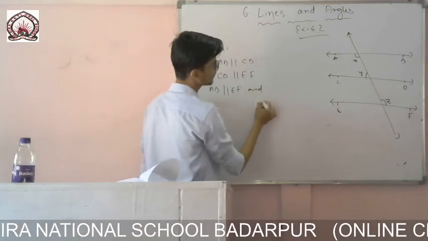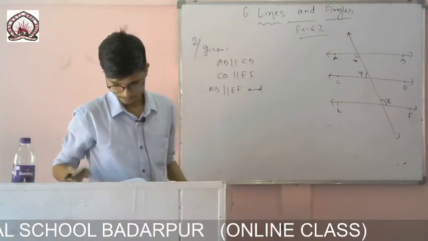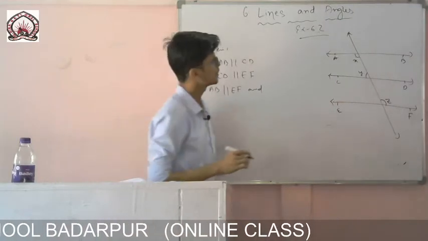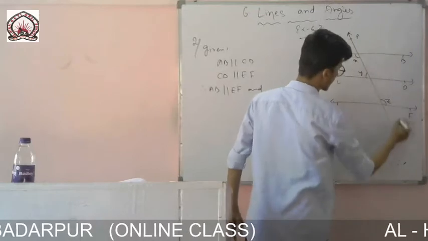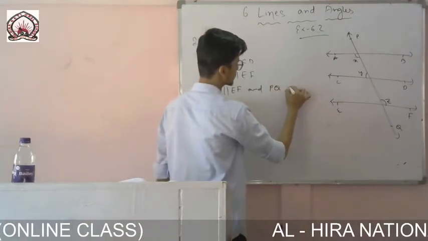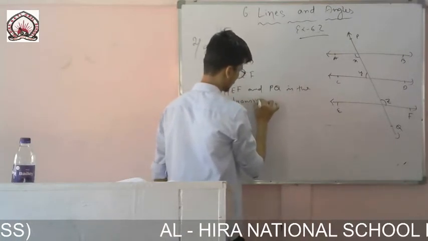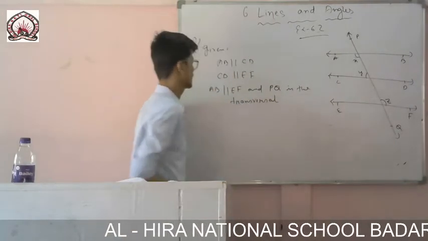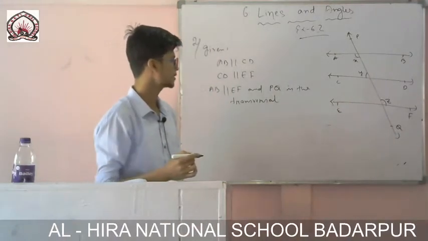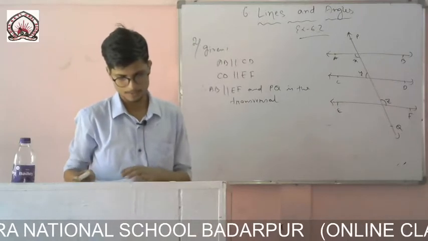Name these points P and Q, and PQ is the transversal. Therefore AB is parallel to EF and PQ is the transversal.